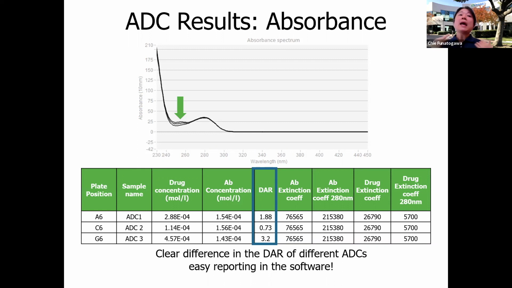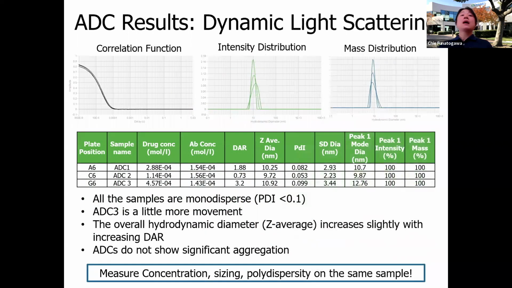Again, the absorption spectrum part is available for both the Big Lunatic and the Stunner, because it has the absorbance measurement section. The Stunner has additional capabilities where you can look at the dynamic light scattering portion.